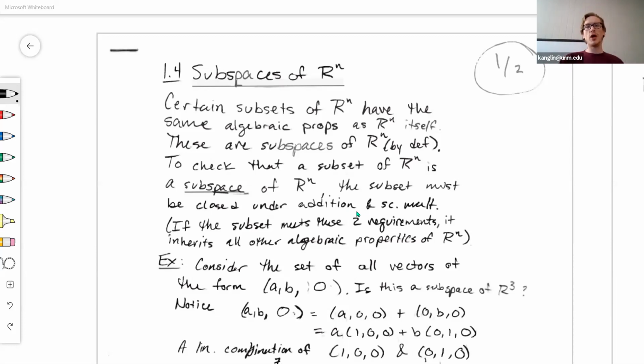If we have that closure property, the subset is called a subspace. So that's important. Closure under addition and scalar multiplication implies we have a subspace.